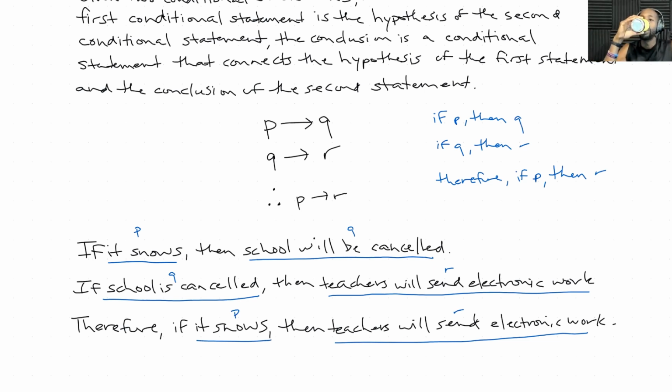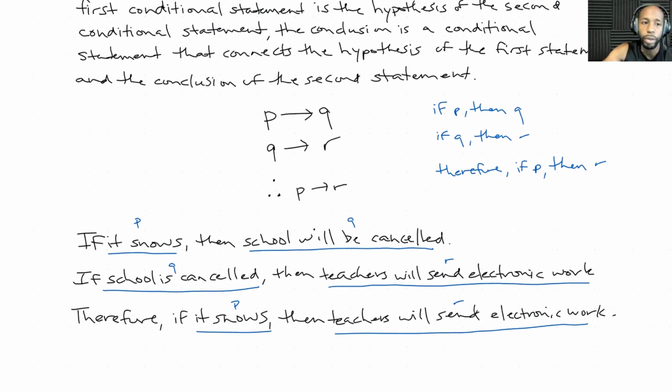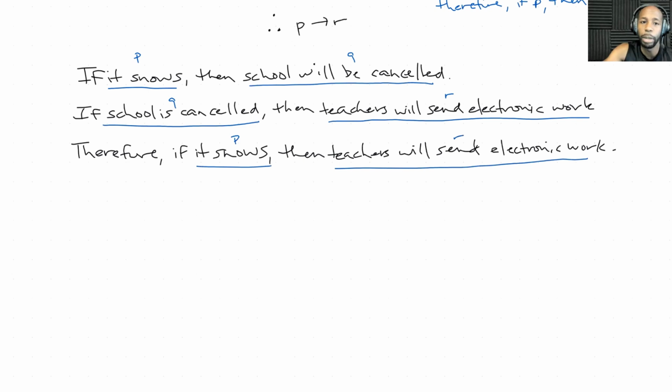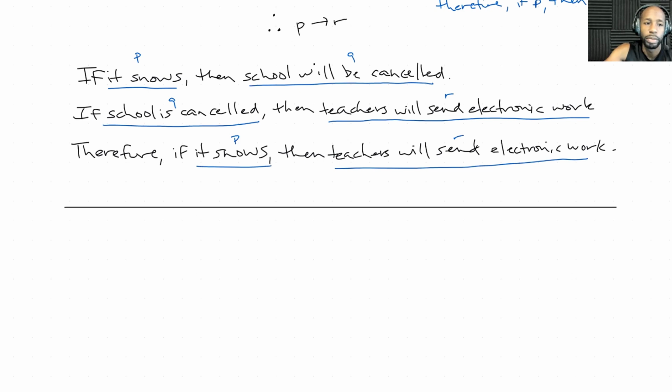All right. And make sure you don't make any random guesses. Really make sure you understand how this follows the law of syllogism. And I definitely encourage you to label these with the appropriate letters as you go. It's helpful. Okay, let's do another example. All right, so if it snows, then school will be canceled.